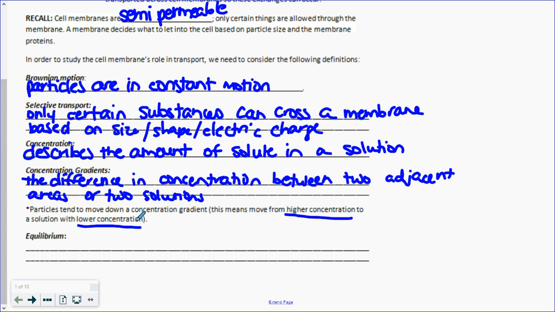So again, we'll move from an area of higher concentration to an area of lower concentration until it reaches something called equilibrium. So equilibrium will be related to equal concentrations.